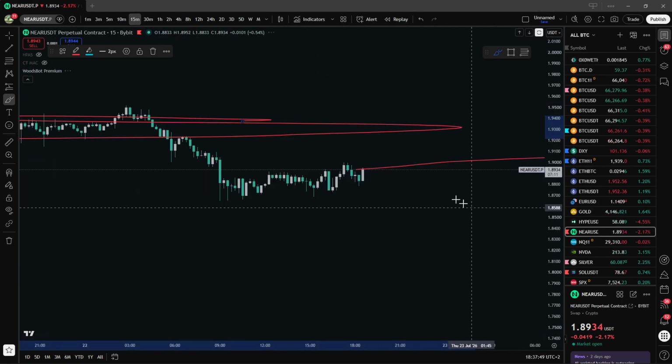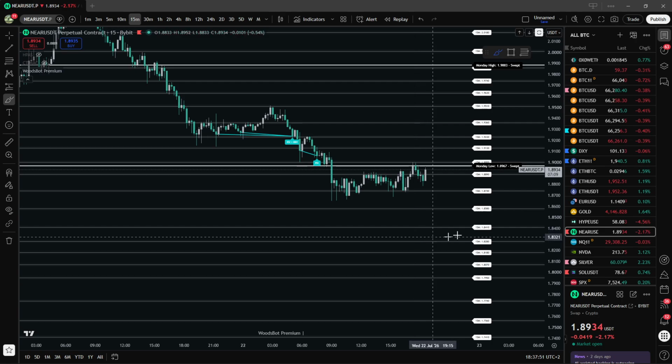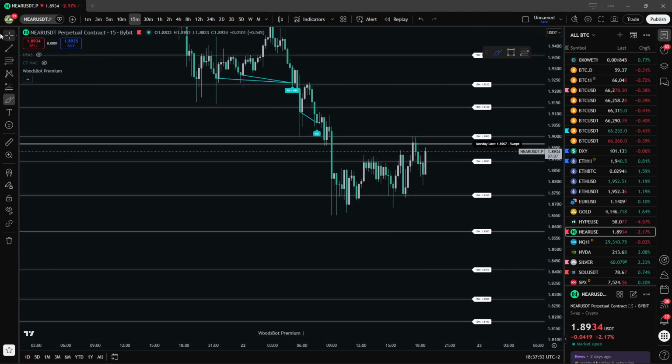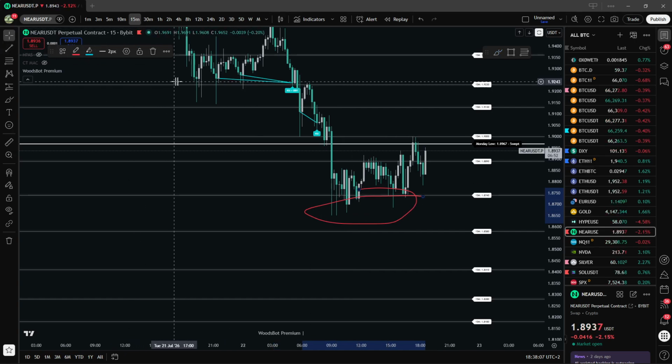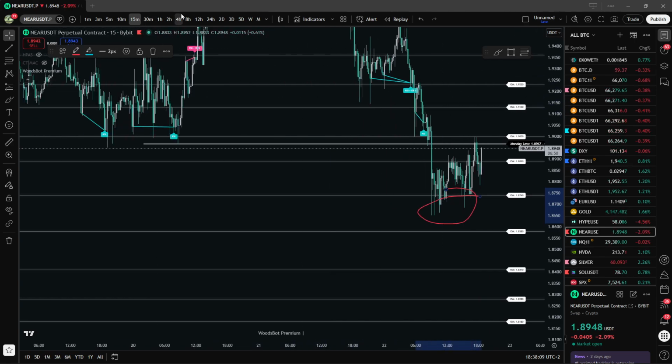So I think the best advice is to set yourself an alert for these lows. If you don't want to put a hard stop loss, set an alert, and if you see price action closing below these lows, close your position. I think this is a more efficient stop loss than the one you have.